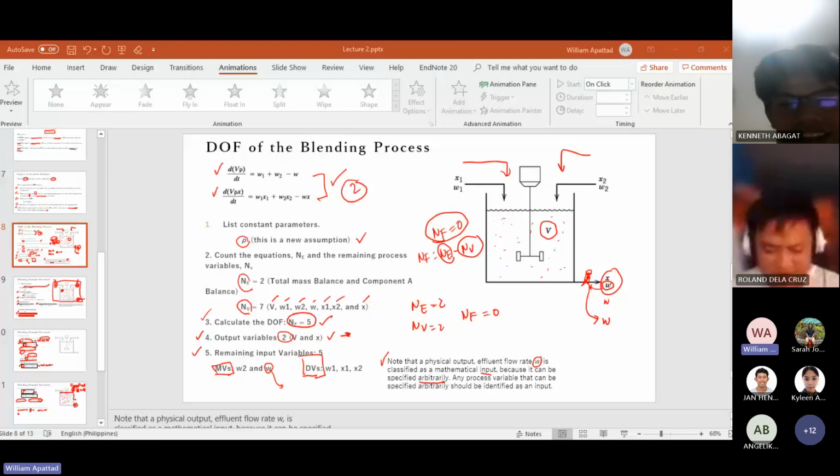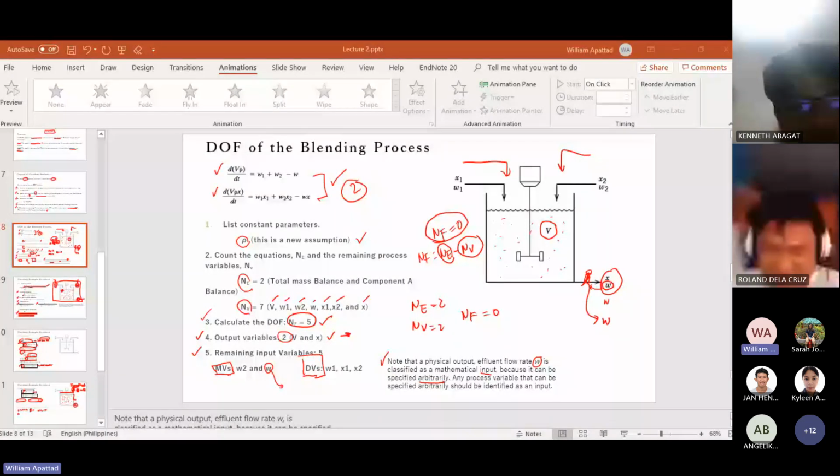And then, of course, our Unit 1, the terminologies. And classify kung input variable, output variable, manipulated, disturbance, ganun. Okay? And then baka magpa-process model din ako sa inyo.